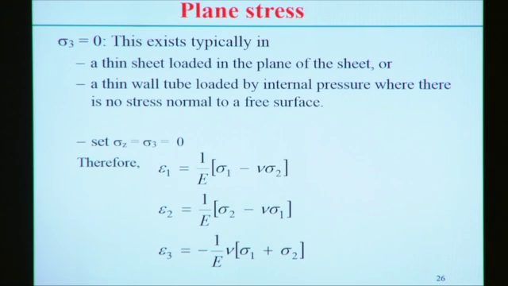So these are the typical conditions of plane stress, where sigma 3 equals 0, that means the third directional stress is 0. If sigma z or sigma 3 equals 0, then we can find the three components of the strain, for example 1 by E into (sigma 1 minus nu into sigma 2). Here sigma 3 equals 0. So we find the expressions of the three strain components, but there are only two stress components in the plane stress condition.